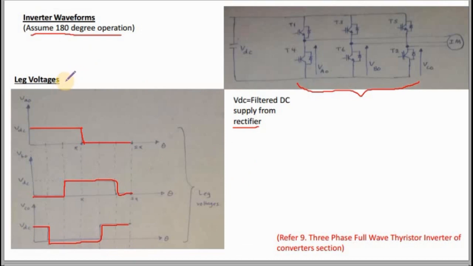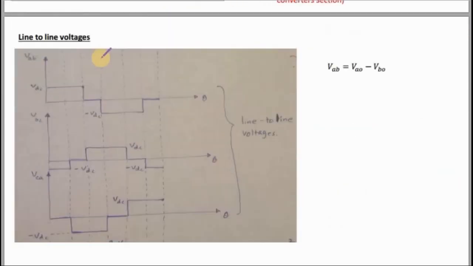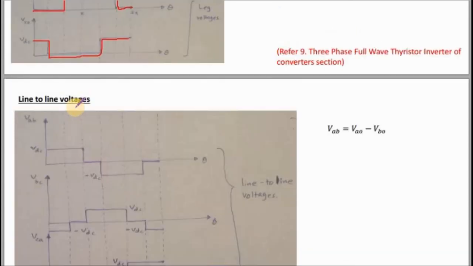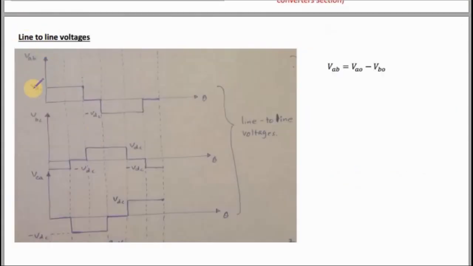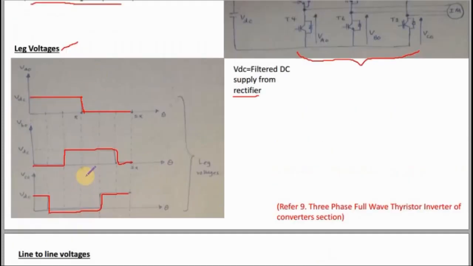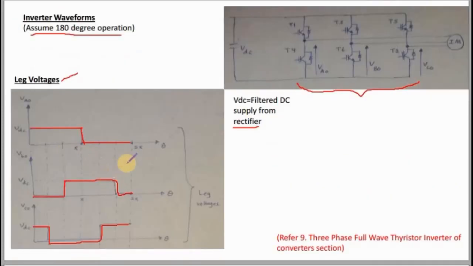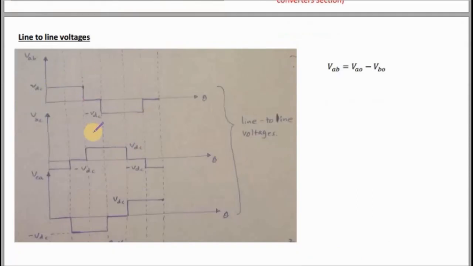Now after deriving leg voltages, you can go for line to line voltages. Now if you derive this one, it's easy to get line voltages. So you can use these equations, these graphs, to get the line voltages as well.